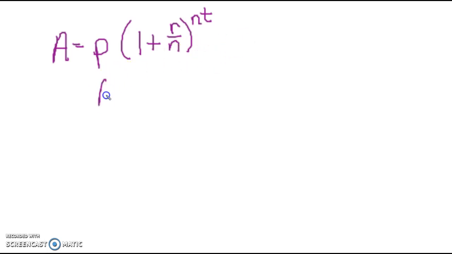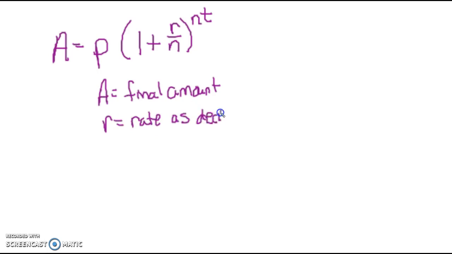So our A is still the final amount. The R is still our rate as a decimal. The N is going to be the number of times per year the interest is compounded.